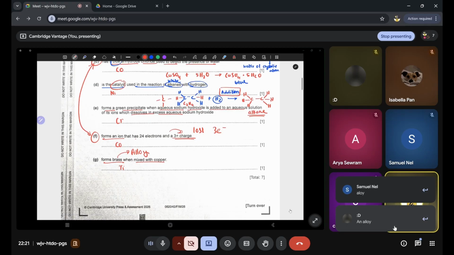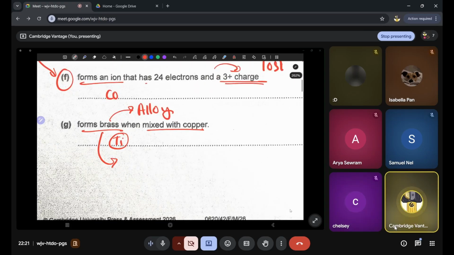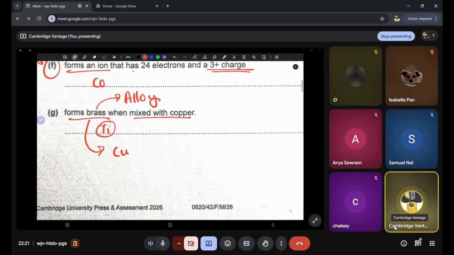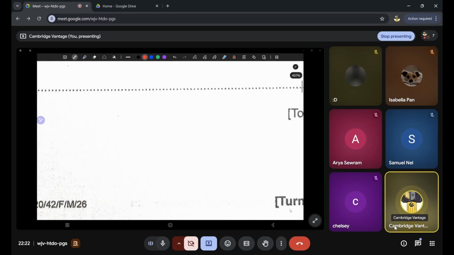Now, for brass, Sam mentioned that it's tin, but actually in brass, what we are doing is mixing copper and zinc. These two metals are mixed to produce brass. The copper atoms have one size, the zinc atoms have another size, and this ends up giving the brass different properties from the metals.